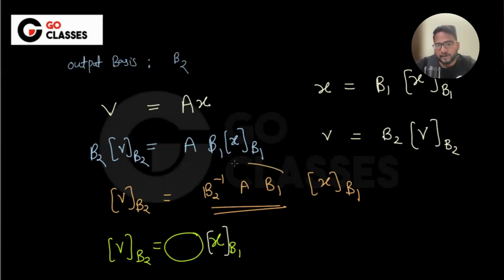How to find this matrix which we are looking for? See, you now have two relations. V equals AX is one relation, where A is a matrix which takes from the standard basis and gives in the standard basis.